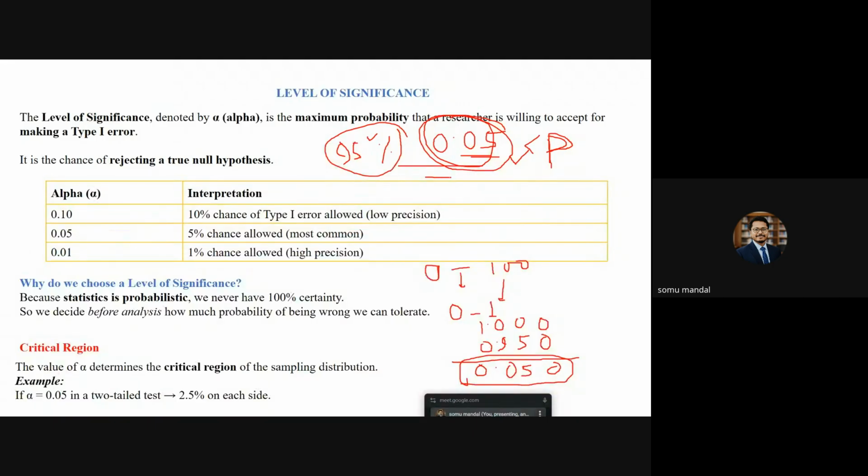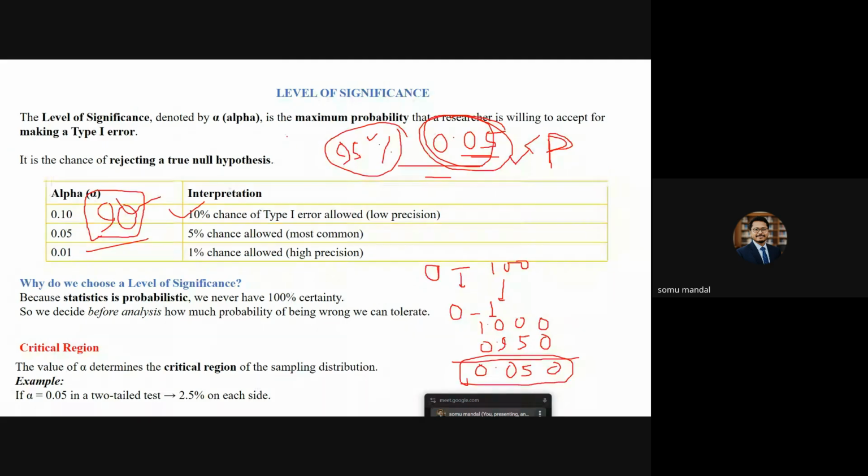Maybe you ask, sir, suppose a particular test is insignificant at the 0.05 level, but it is significant at a 10% chance, meaning the 90% level. Can we consider it? I say yes. If you think your significant result is important in interpreting the real situation, then you consider the 90% level, but never consider below 90%.